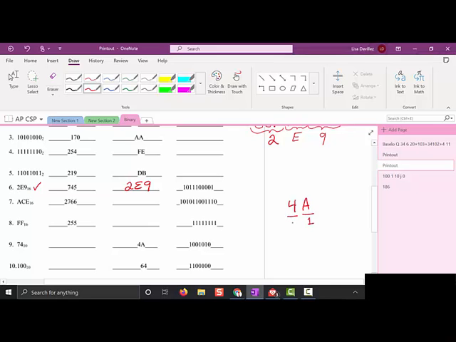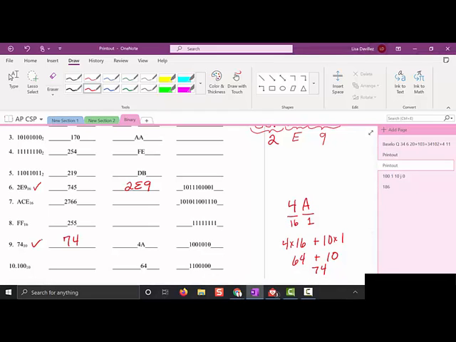This is the 1's place, that's the 16's place. So 4 times 16 plus, and A is 10, 10 times 1. So that's going to be 64 plus 10, or 74. And again, we put 74 is the base 10, which matches, so we can check our answer there.